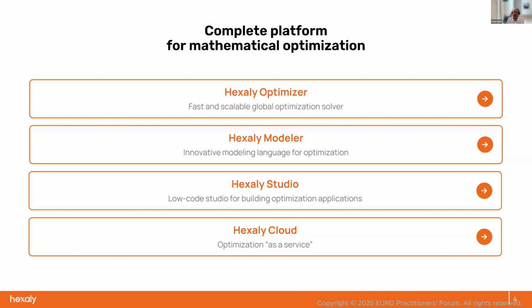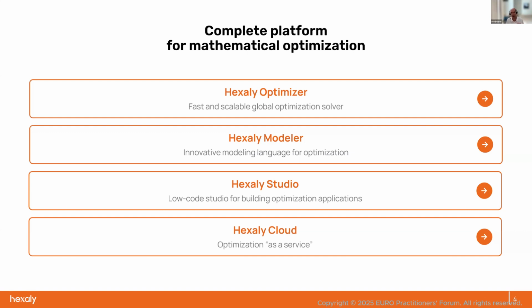I will focus on the optimizer today, but we also have Hexaly Modeler, a modeling language. It competes with GAMS, AMPL, AIMMS, or other modeling languages, and it's integrated inside Hexaly Studio. Hexaly Studio is a web-based platform to build applications, from prototyping to deployment. You prototype, develop, and deploy on the studio very quickly.